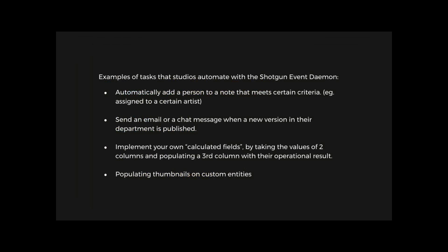So here are some examples of tasks that studios automate with the event daemon, just to open up your mind to some of these things. For example, we can automatically add a person to a note that meets certain criteria.